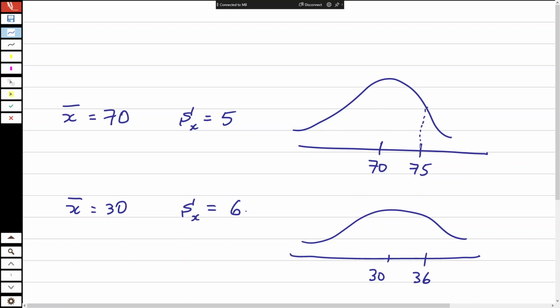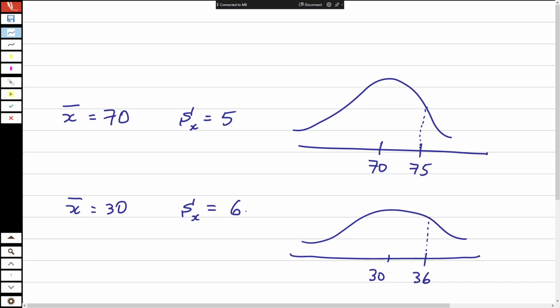Guys, have a look up here. Are you comfortable with me saying that the number 75 is one standard deviation above 70? Similarly, the number 36 is one standard deviation above 30. Yes. Okay?